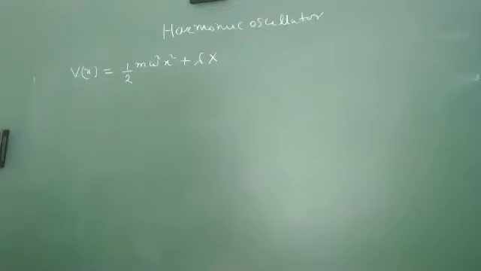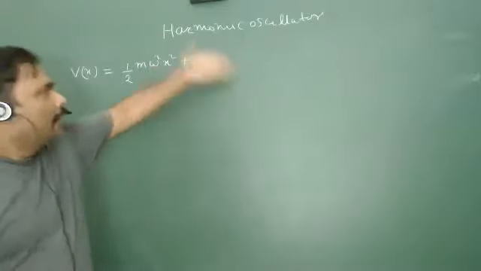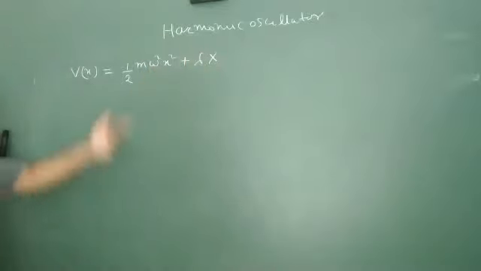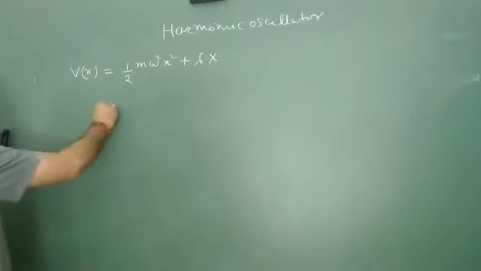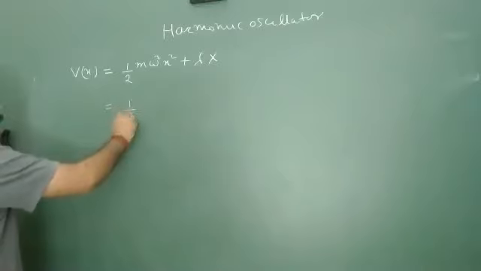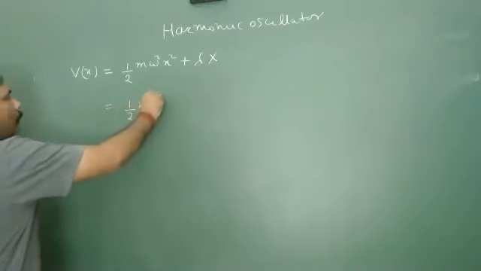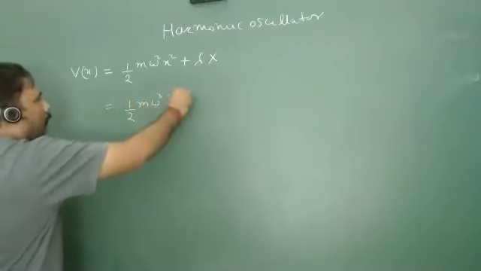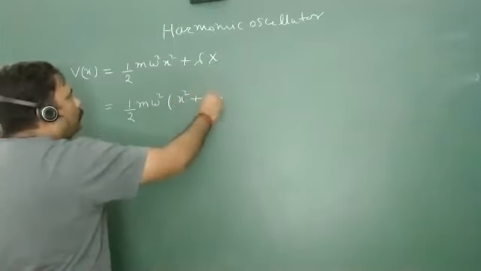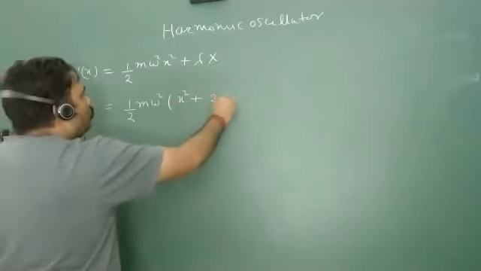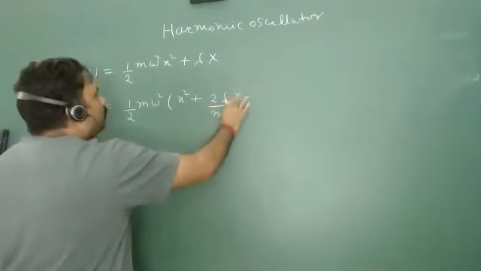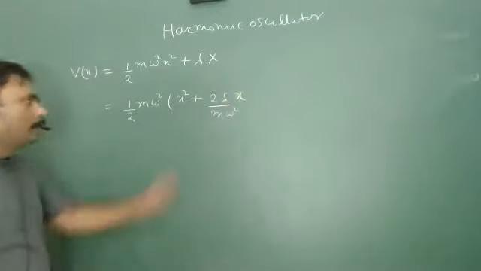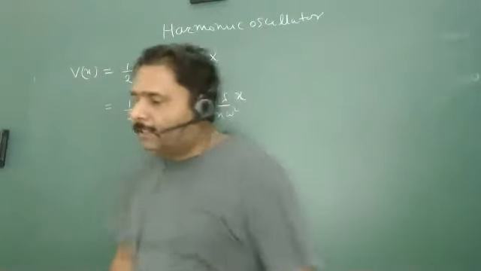Perfect square, yes, same. Very good. So whenever you have a square term and a linear term, you can make a perfect square and take the constant term together. If you are making the perfect square, then you have half m omega square, that will be x square plus 2 lambda upon m omega square x, and now you can add and subtract some quantity.